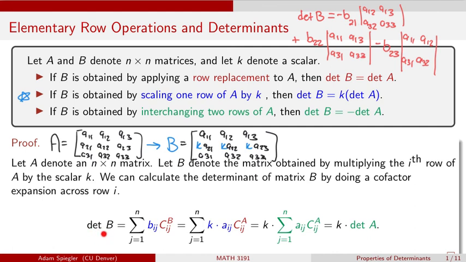That determinant of matrix B, the one that we get after we multiply one of the rows of matrix A by this scalar k, is going to equal k times the determinant of that initial matrix A. So we'll take a look at these other properties on the next couple of slides.